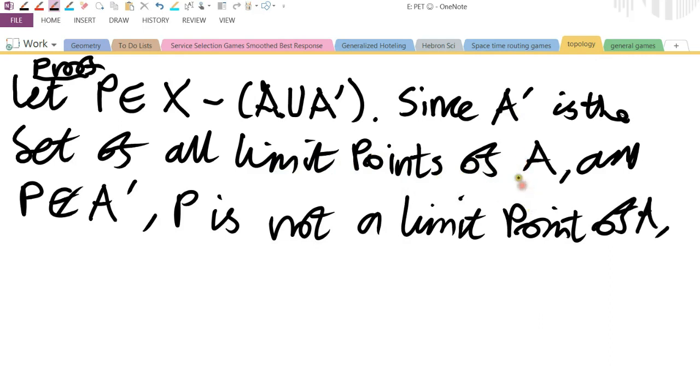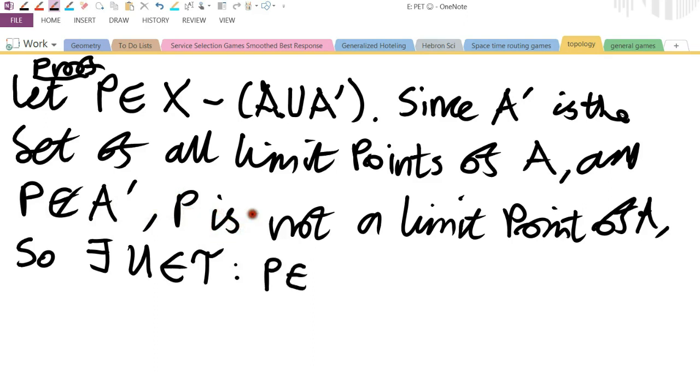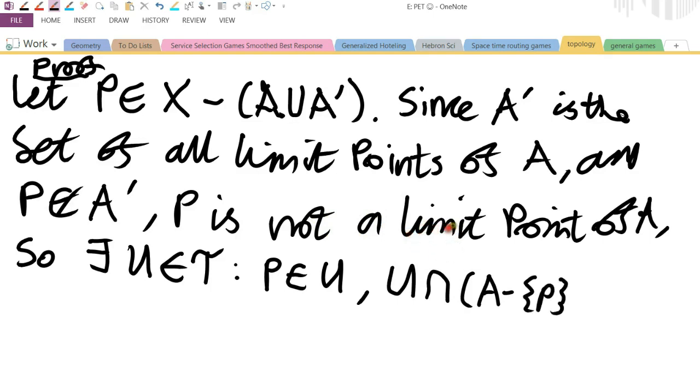So what does that mean? Well, from the definition of a limit point, it means that there must exist an open set U which contains P and which is such that U intersection (A minus the point P) is empty.